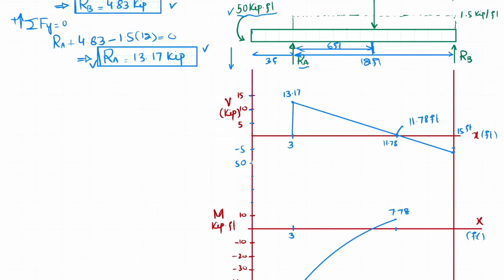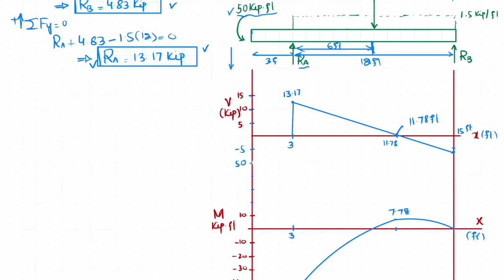Plus 7.78 minus 7.78, so at the end the bending moment will be 0. This will also be in the form of a curve, because the shear force is a first degree line and the slope is decreasing, so the bending moment will be a curve. So this is the bending moment diagram.